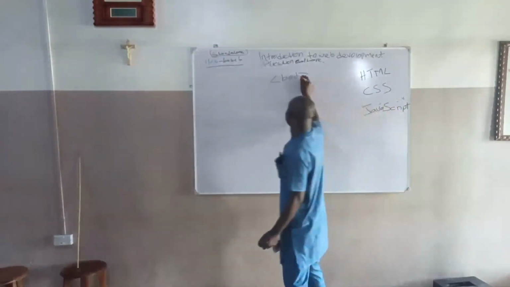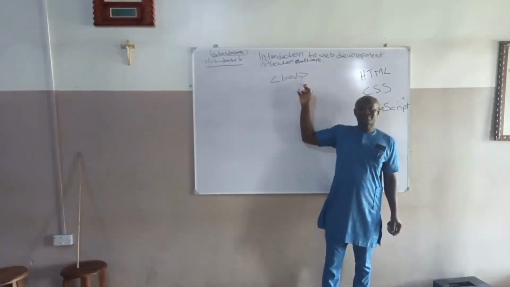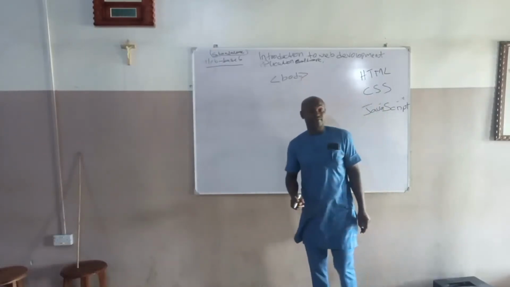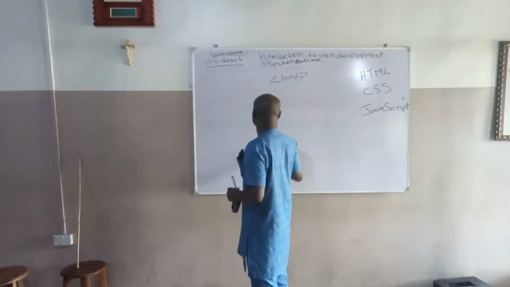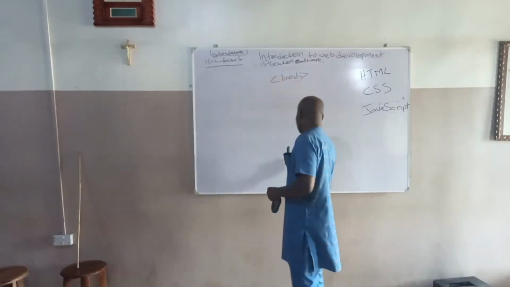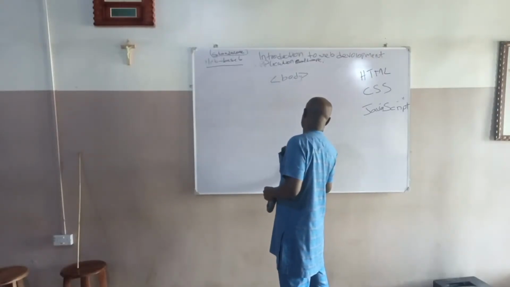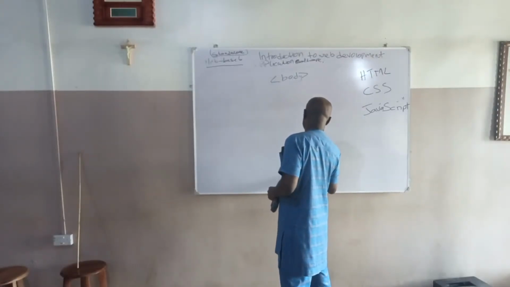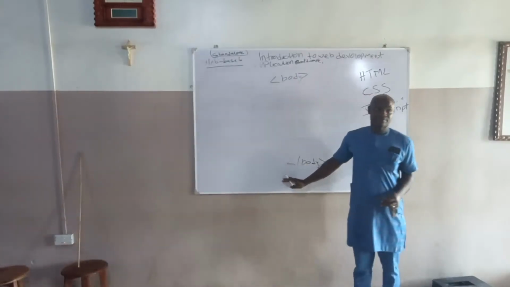Body. So what is this? Body opening tag. Because this is just a tag, an opening tag. And I have our closing tag here. So these are body what? Elements.